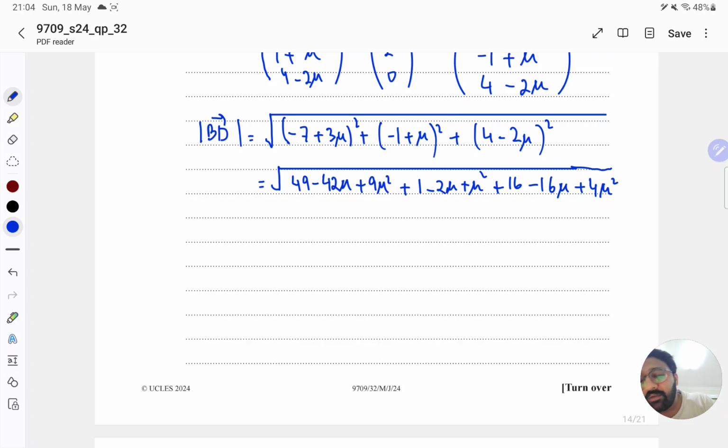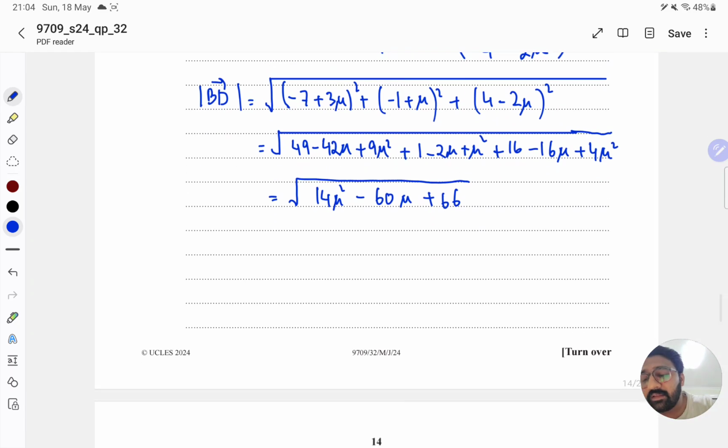Now if I simplify it further, 9 plus 1 plus 4 is 14. So 14 mu square, minus 42 minus 2 minus 16 is minus 60 mu. So 49 plus 1 plus 16 is going to be 66.